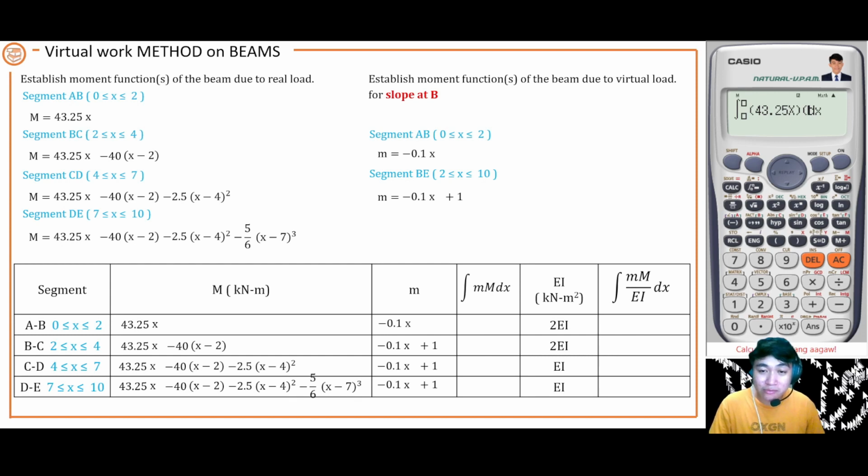It's just the same, larger M times smaller m, or smaller m times larger M. So smaller m is negative 0.1x.